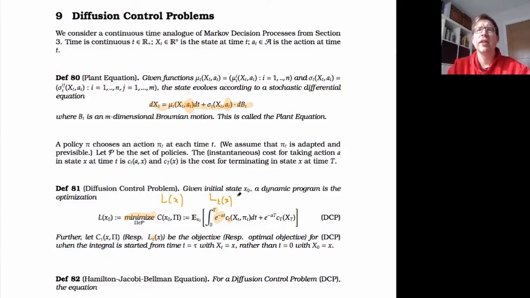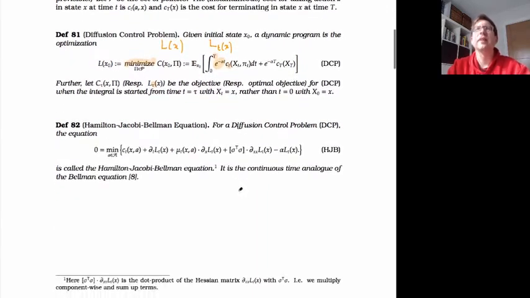So what does that look like? Well, it looks like this. Essentially we have the cost function. I should probably delete one of these terms.